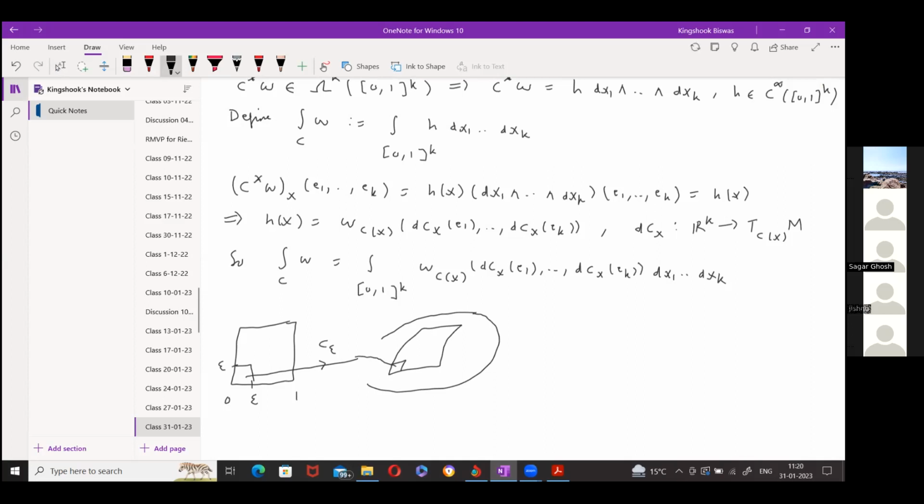Now suppose this point p is equal to C of 0, and suppose that the derivative at the origin of C maps the basis vectors e_i to some tangent vectors v_i at the point p.